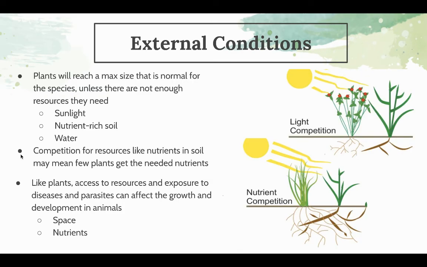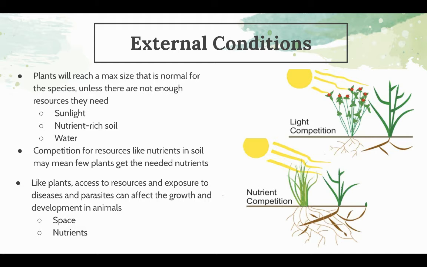So external conditions. Plants will reach a maximum size that's normal for their species unless there are not enough resources they need. So these resources can be sunlight, nutrient-rich soil, and water. And competition for these resources, like nutrients, may mean few plants get their needed nutrients.